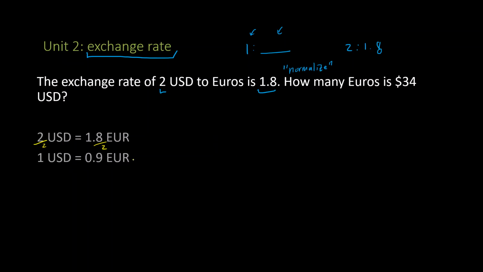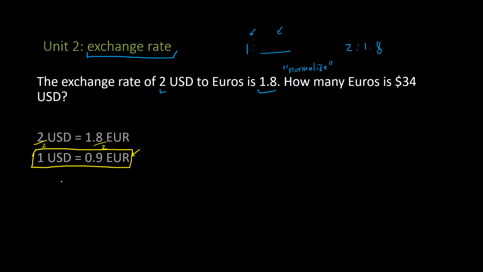Now keep in mind, this means that in this case, we're saying that the euro is actually kind of stronger than the US dollar, right? So you can get something for 90 cents in euros that would cost you $1 in US dollars. Now once you've done this, it's kind of like our normalized conversion rate.